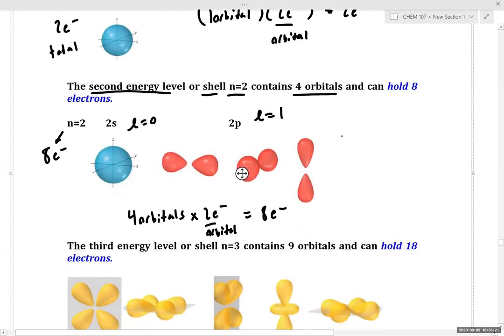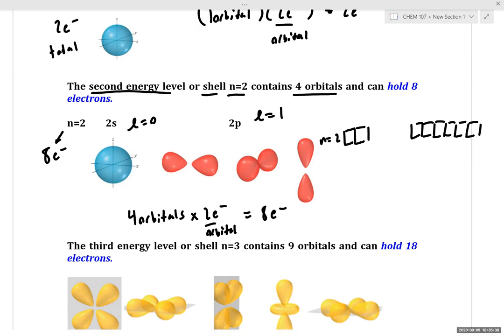And the way I like to remember it is, if I look at the periodic table in the second row, how many total boxes, how many total elements do I see in my second row? 8, exactly right. We have the s block elements and the p block elements. In total, we can fit 8 electrons in that shell, and that's why 8 elements are in that row.